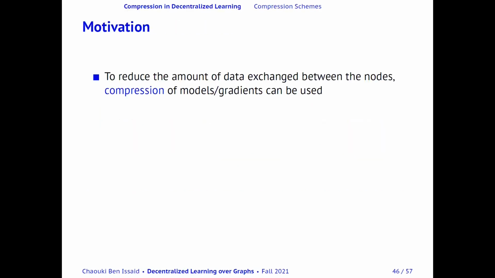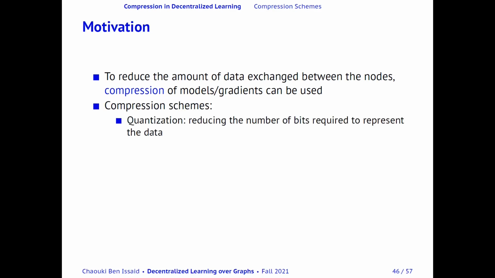In distributed training, model updates or gradient vectors have to be exchanged between the worker nodes. To reduce the amount of data that has to be sent, compression schemes have become a popular strategy. The most common types of compression schemes are quantization, which aims to reduce the number of bits needed to represent the data, and sparsification, where the goal is to enforce sparsity of the transmitted data.